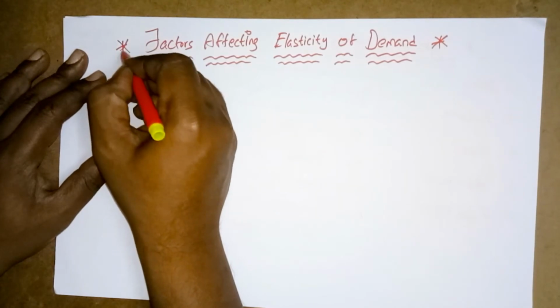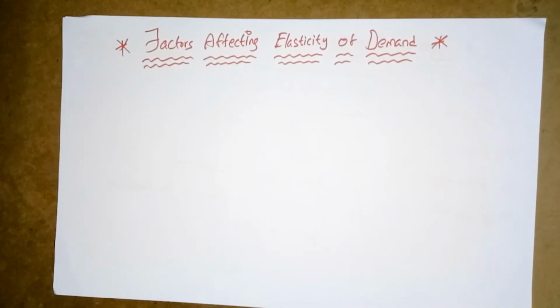We can have many factors, seeing that a change in price does not lead to the same proportionate change in the quantity demanded. Sometimes even a slight change in price may affect the demand of the commodity to a considerable extent, while it may also happen that even large changes in price are unable to affect demand at all.